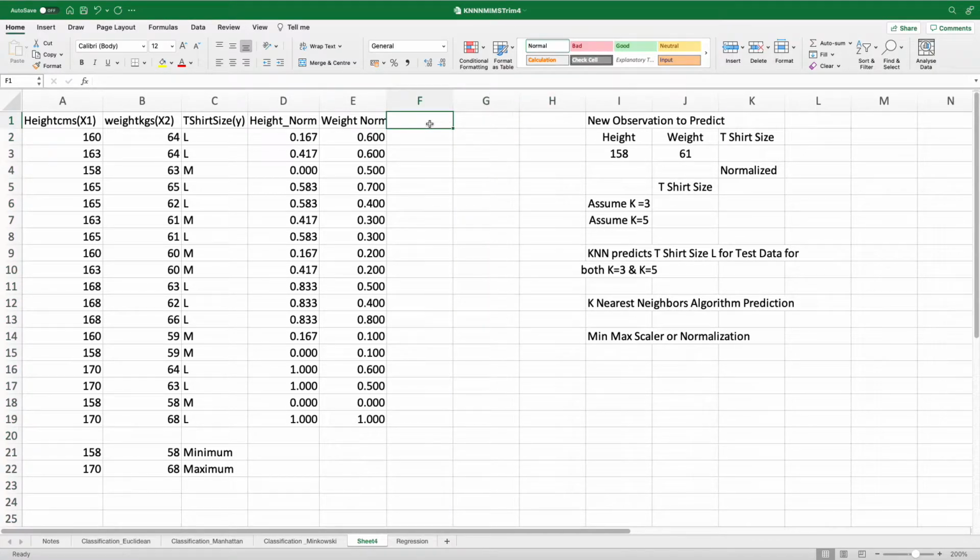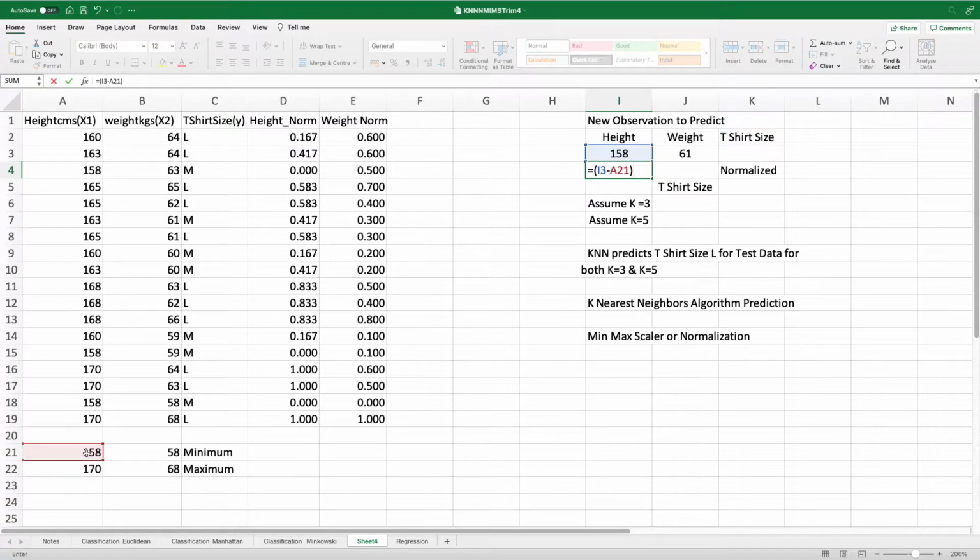So we got the norm. Similarly, you have to calculate the normalization for the predicted value also. X minus x min divided by x max minus x min. Oh, we got 0.